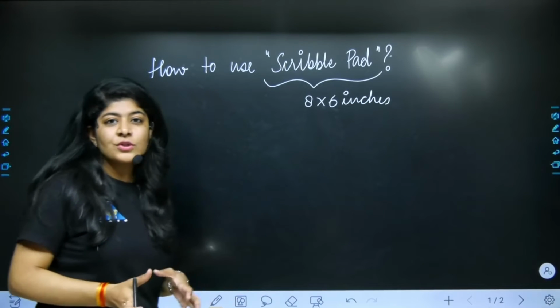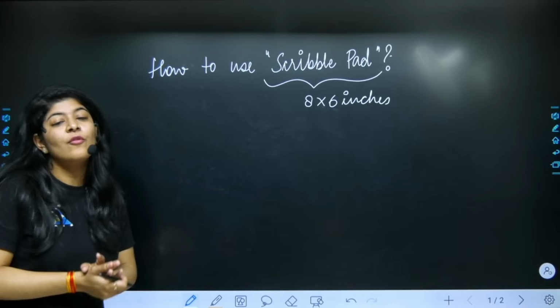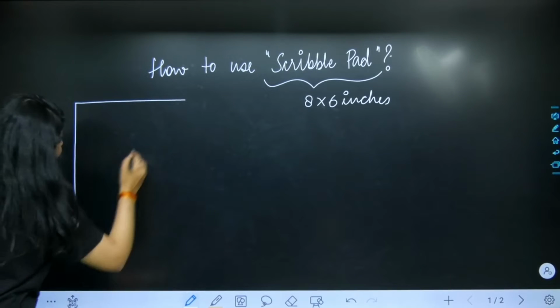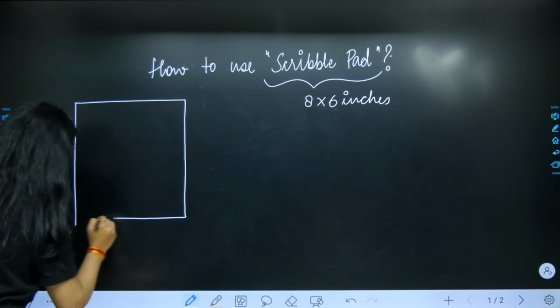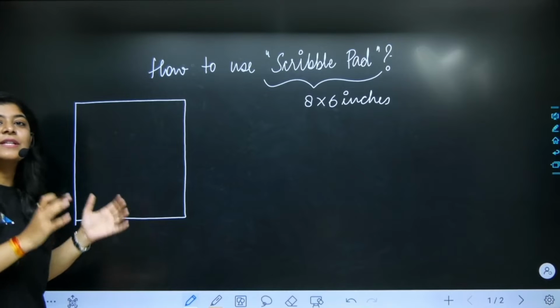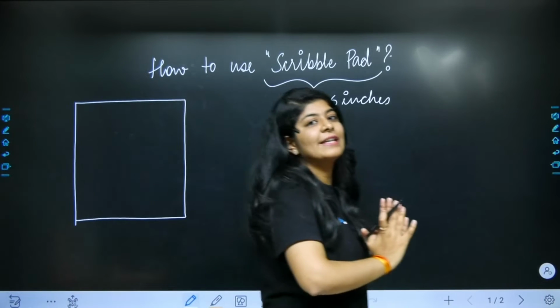It is almost half the size of an A4 sheet of paper. Now, how are we going to use this particular size of sheet in our GATE examination?